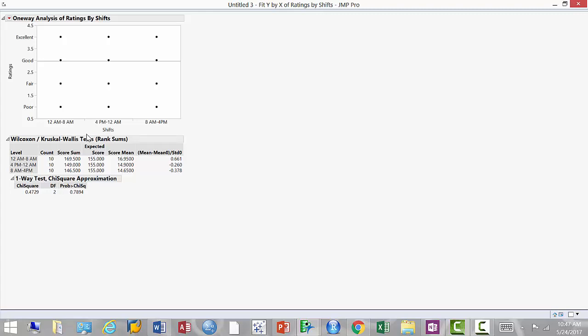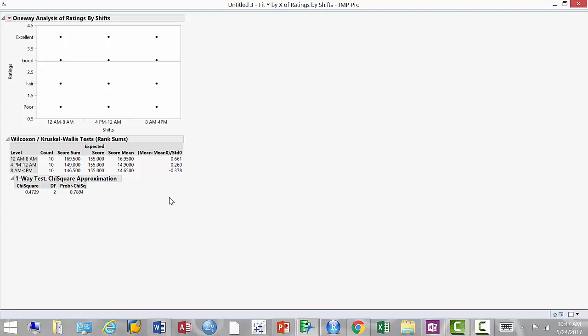So depending on how many columns of data you had originally, it will dynamically pick the right test. In my case, it will pick Kruskal-Wallis, because it has 3 different shifts, and JMP understands that we're dealing with 3 different columns, so it has to be Kruskal-Wallis.